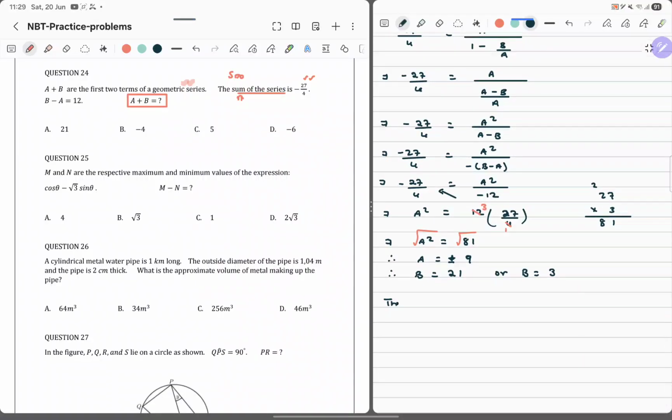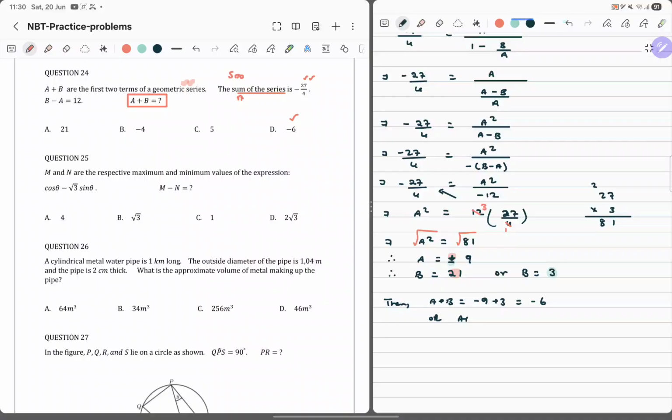We can say then a plus b is, we can have here minus 9 plus, when we had minus 9, we need to choose the pairs now. This gave us this, whereas this gave us that. So if we choose minus 9 plus 3, this is minus 6. Do we see something like that? There it is.